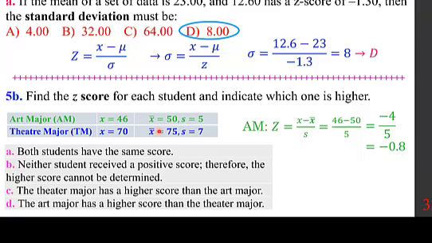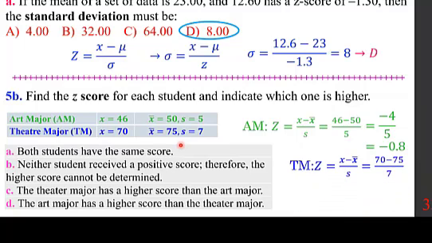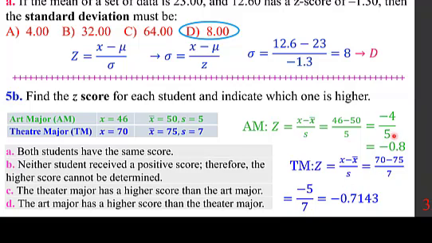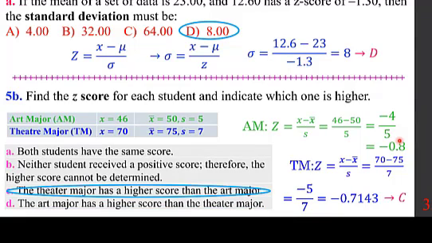We do the same calculation here, x minus x bar over s, and that makes it 70 minus 75 over 7. And it gives us also a negative value. Now, I hope you realize, although both are negative, this one is larger than this one. And it gives us the answer C. The theater measure has a higher score than the art measure.